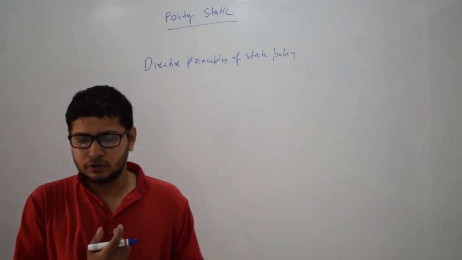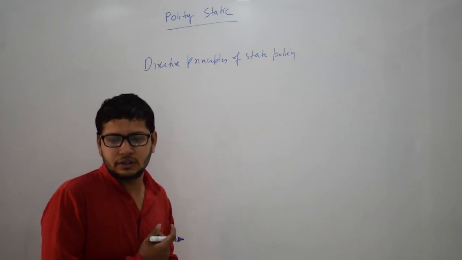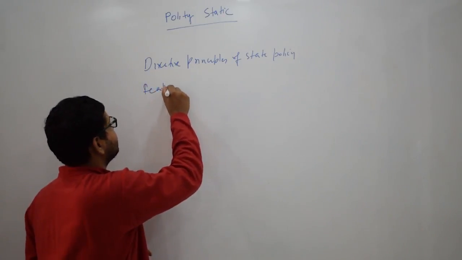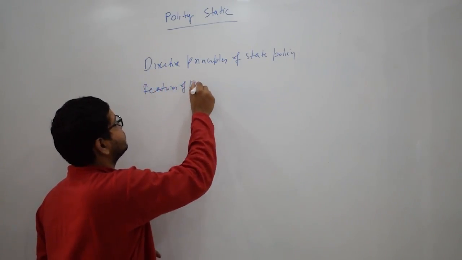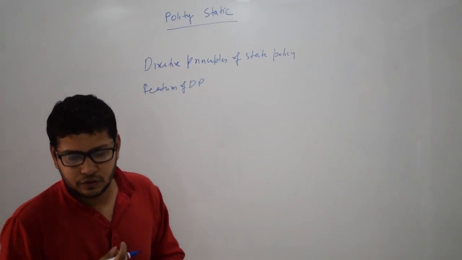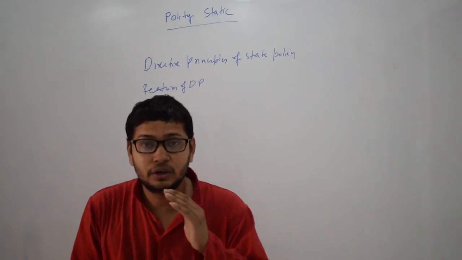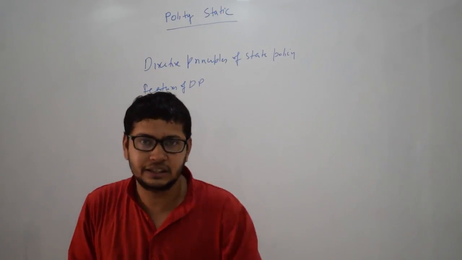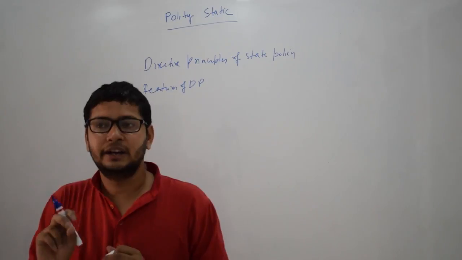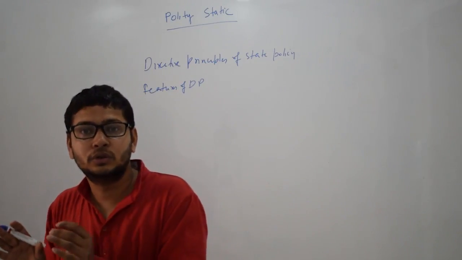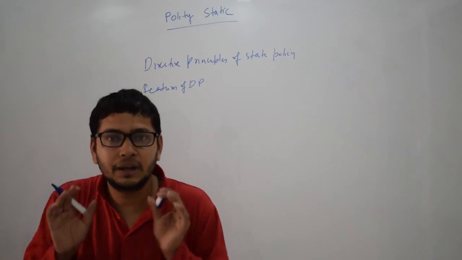So first of all, what are the features of directive principles? First is that it seeks to create a welfare state. You should remember these things because UPSC asks what directive principles in India stand for, or want to establish.